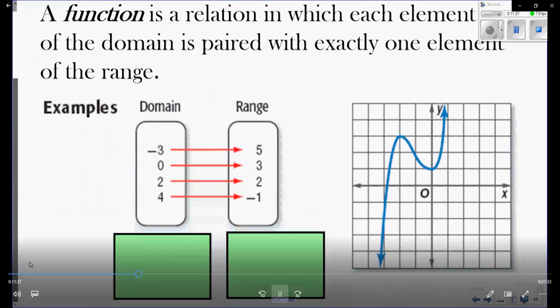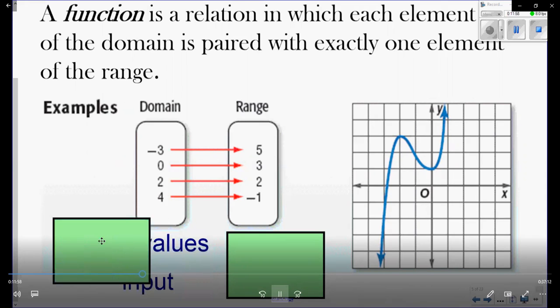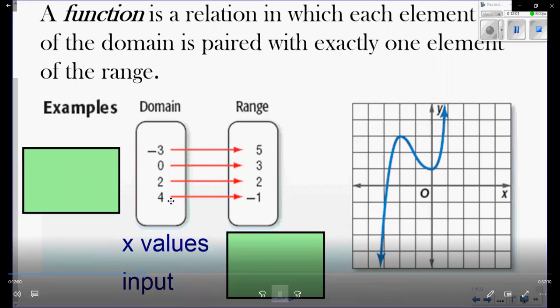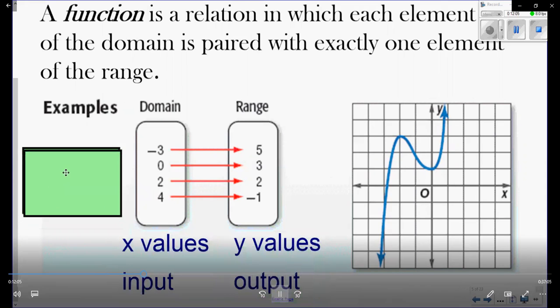So you have an example with the domain, the mapping, where for each domain there is one and only one range. Same thing with the graph. This is a function, and we'll find out why. The domain is the x values, or your input, and the range is the y value, also known as the output.